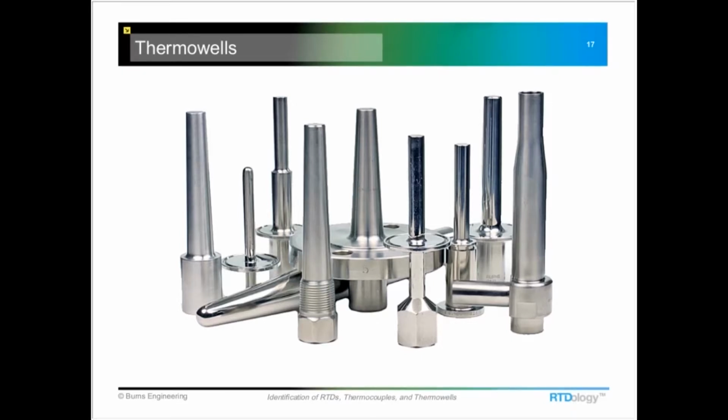Yeah, that's the easy way to do it. Although we have found also sometimes, as ERP systems have become popular, many part numbers and model numbers for RTDs and thermocouples can get quite lengthy.